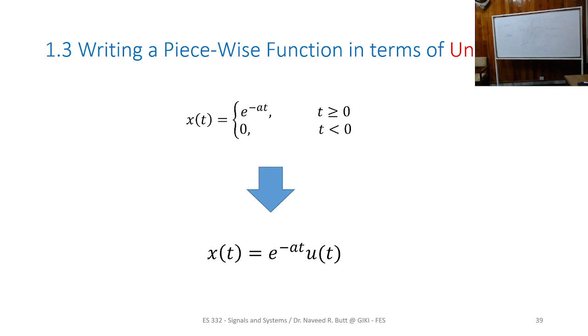So the piecewise function, if you want to write e to the minus at for t greater than 0, and 0 for t less than 0, is e to the minus at times u(t). These two will lead to exactly the same formulation, same plot. It's just a trick we use, and you will use this in your problems. You will see.